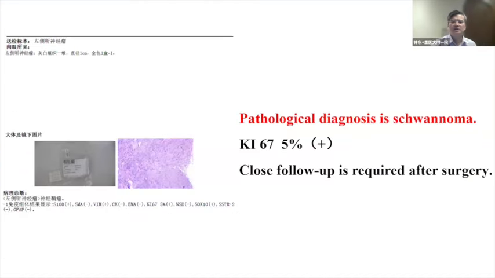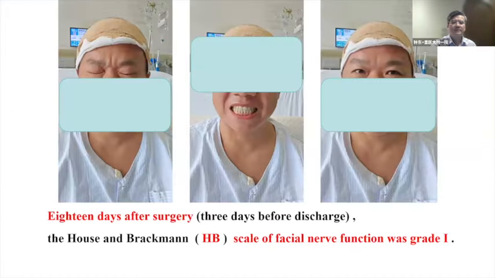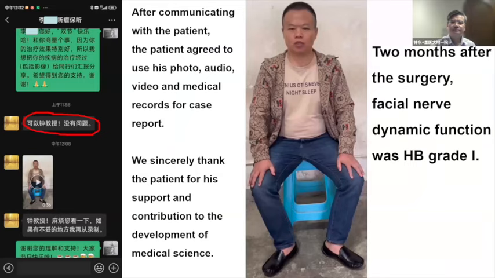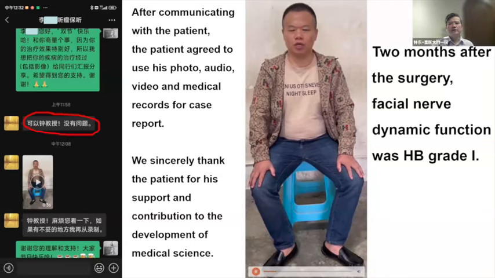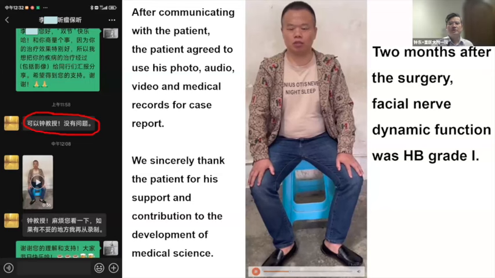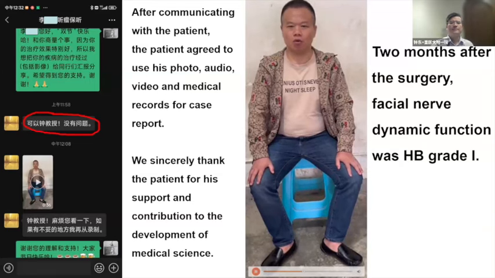Pathological diagnosis is schwannoma. 50 days after surgery, HB of facial nerve function was grade 1. 2 months after the surgery, facial nerve dynamic function was HB grade 1.